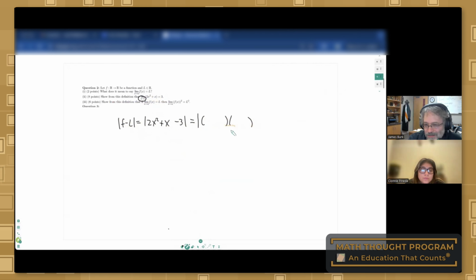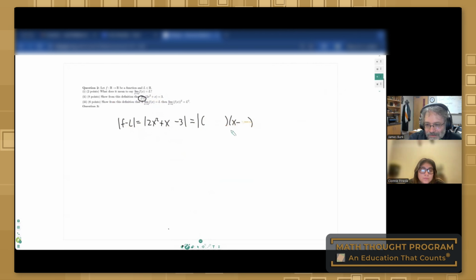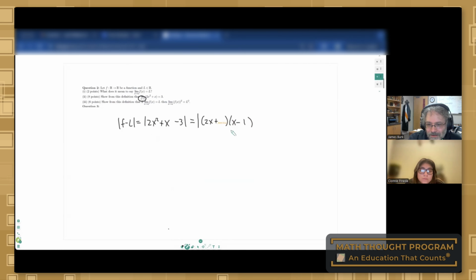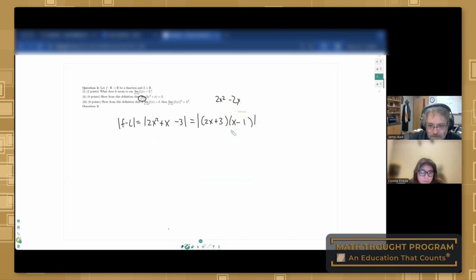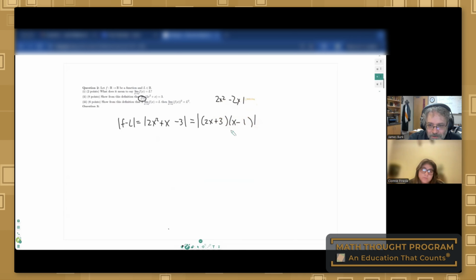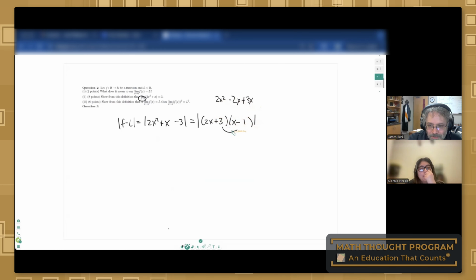That's kind of giving you the clue of how this is probably going to factor. Let's just see if that works. 2x squared minus 2x. And would you look at that? 3x minus 3.